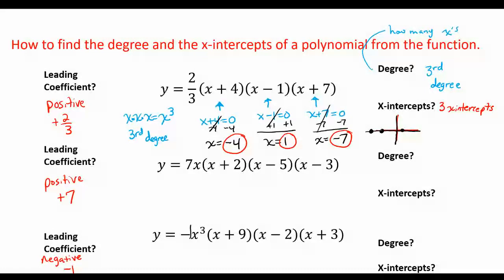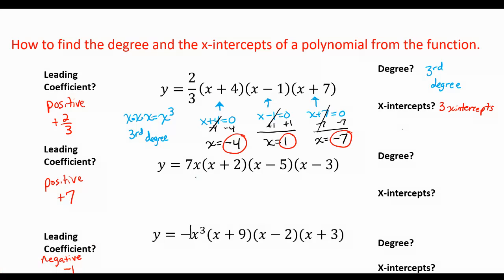So that's where those x-intercepts are at. Negative 7, negative 4, and positive 1. Okay? That's what it means on the graph, right? Okay, so to answer this question, how many x-intercepts? It had 3. What degree is it? X to the third. Okay, so let's do the next set.